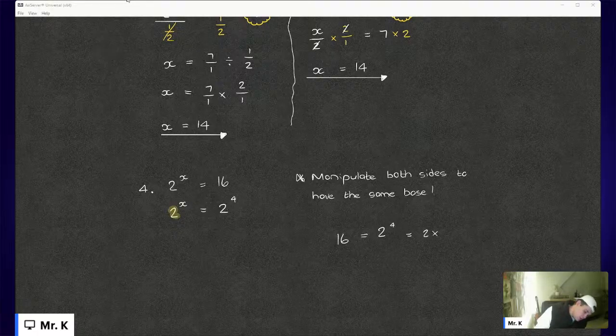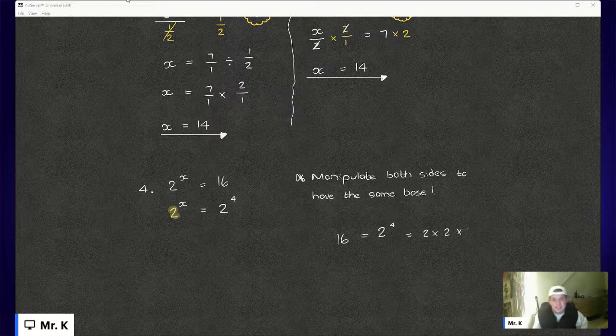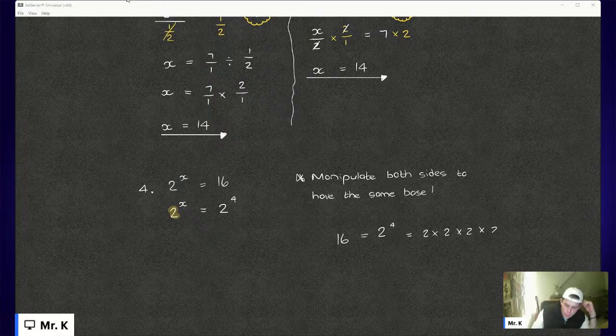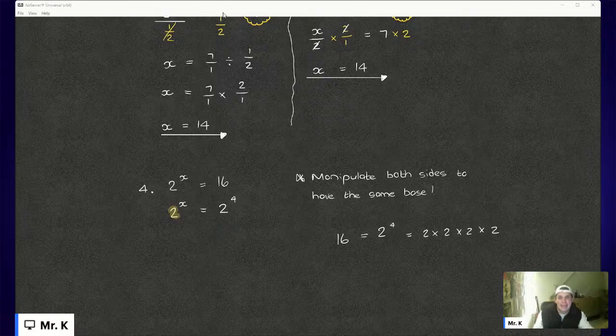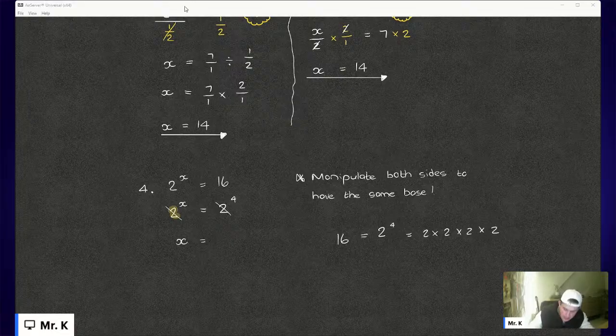So you must make sure you are familiar with your basic exponents. And when we have a case in which we have one term on either side of our equation that has the same base, you may drop the bases and make a linear equation out of the exponents. So here it's as simple as writing down x has a value of 4.